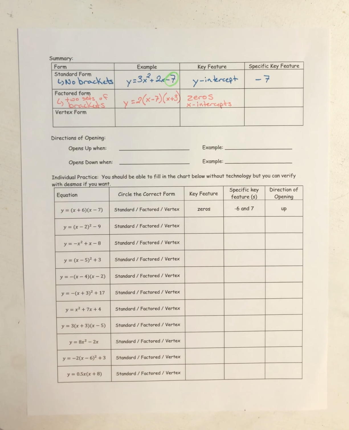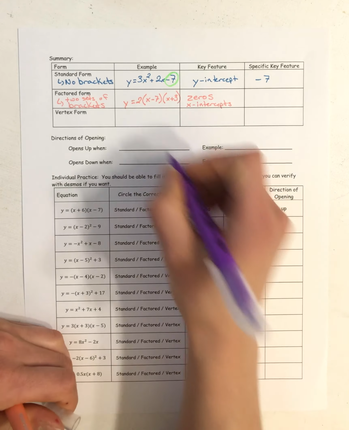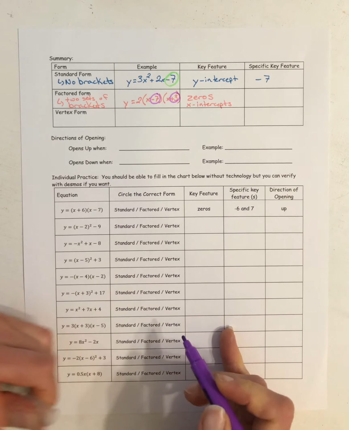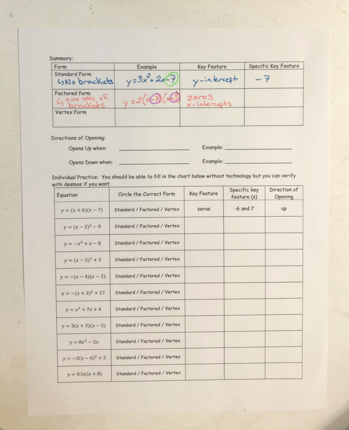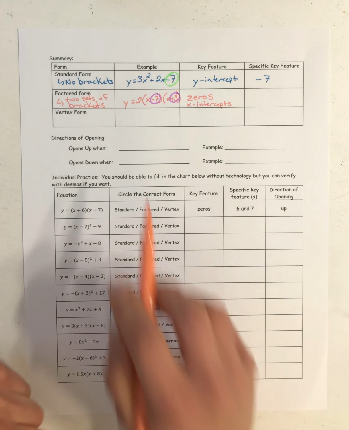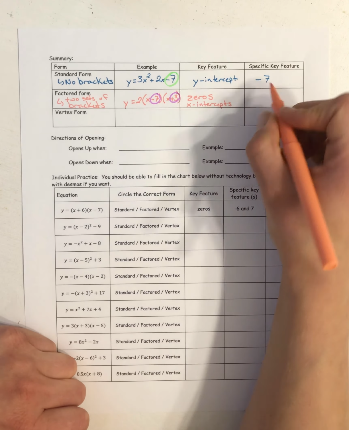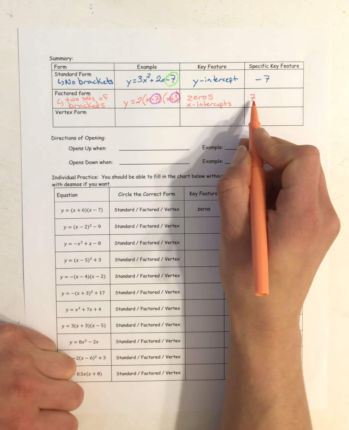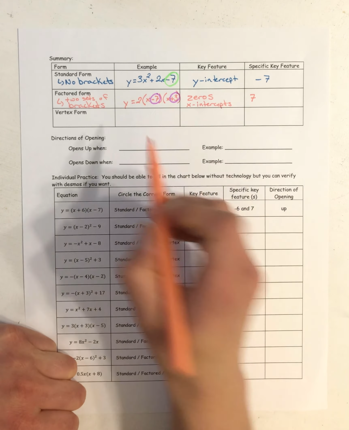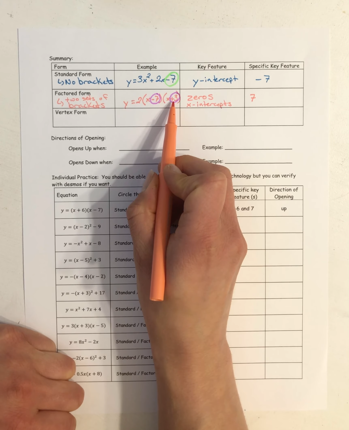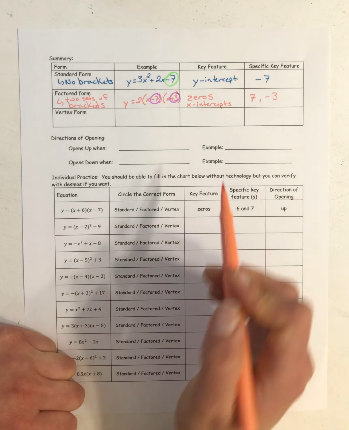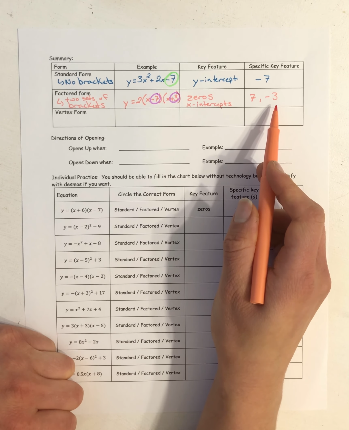And so we're going to take a look, and we're going to use purple for this one. It is going to give us here and here. Now remember, when we pull these out of the brackets, the sign changes. So it says a -7 over here, so it is going to be a +7 for our x-intercept. And we have a +3 here, so it's going to be a -3 for the x-intercept.